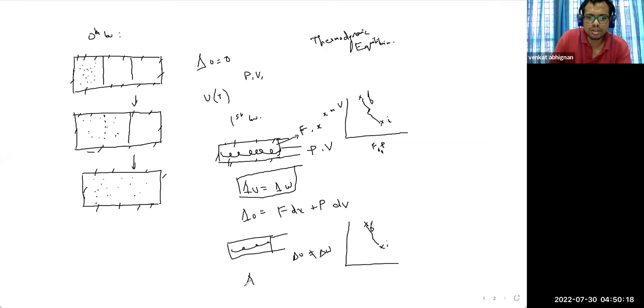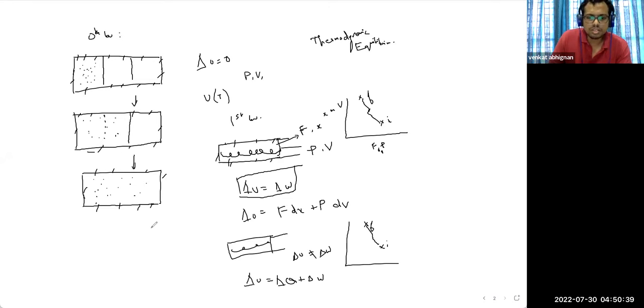So for that, you need to use heat exchange plus the entire mechanical work. This can account for all the heat exchange, and this can account for all different kinds of mechanical work, like the spring, oscillator, or some kind of gas in the container.